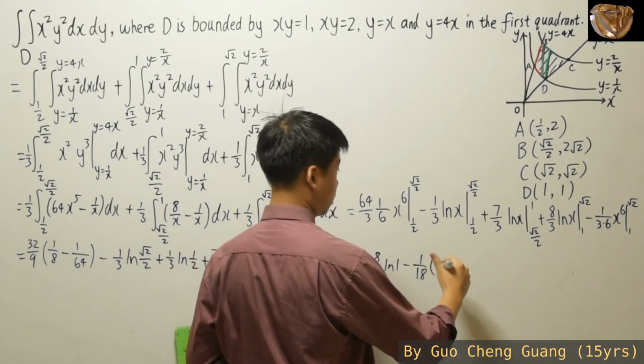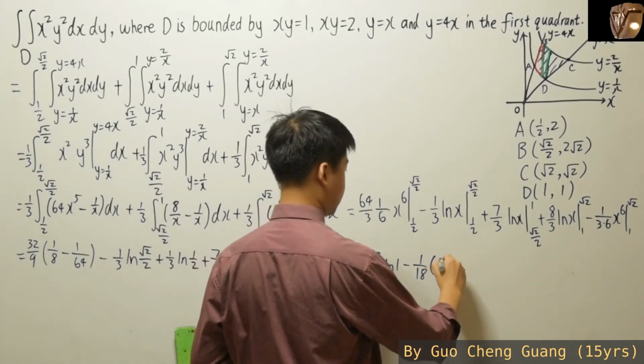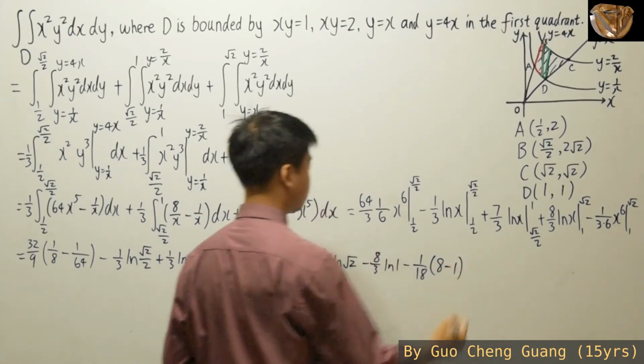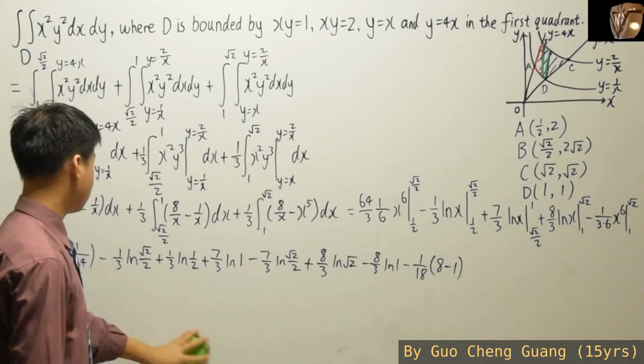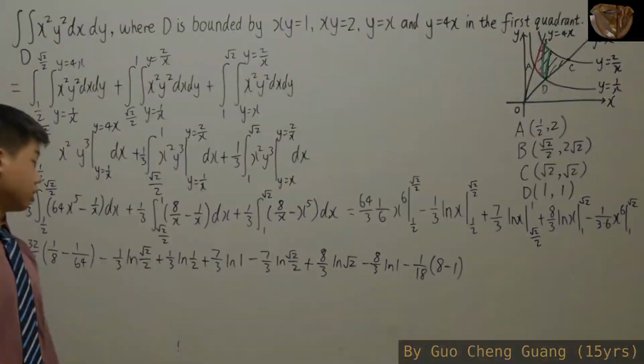So square root 2 to the power of 6, that will be 8 minus 1. Okay, so this is what you will need to solve.